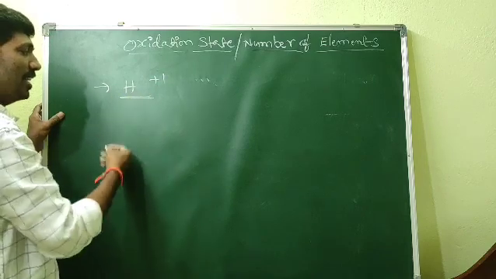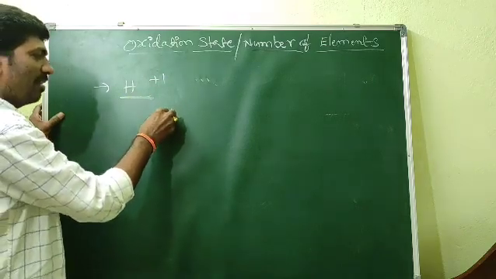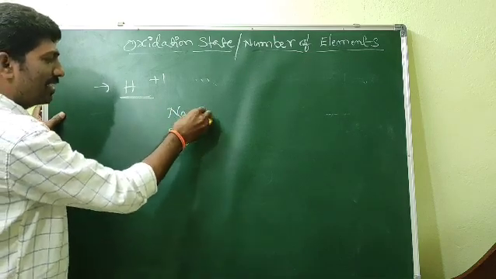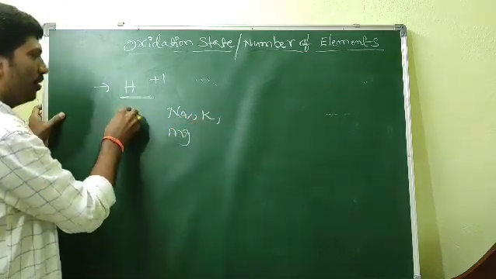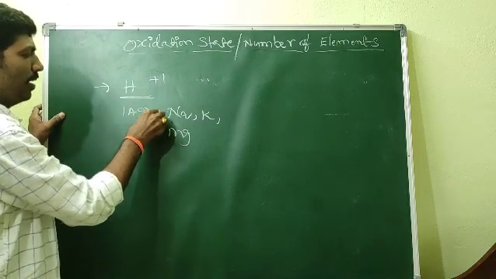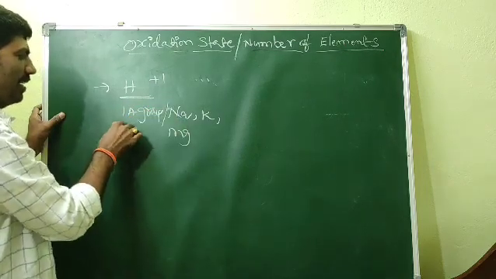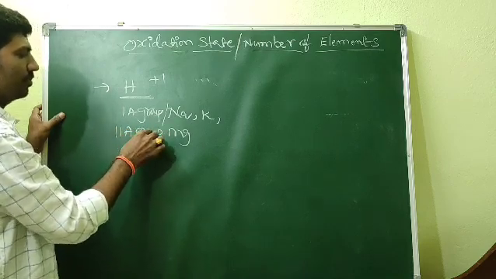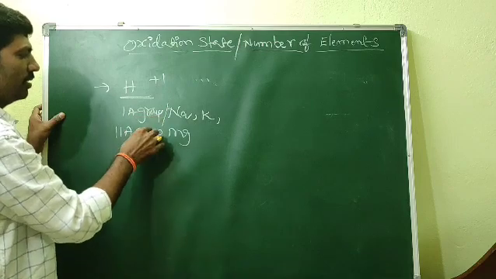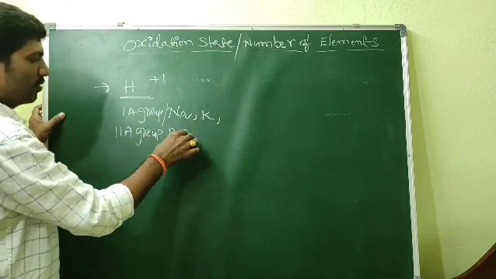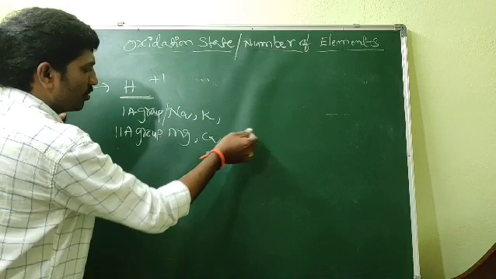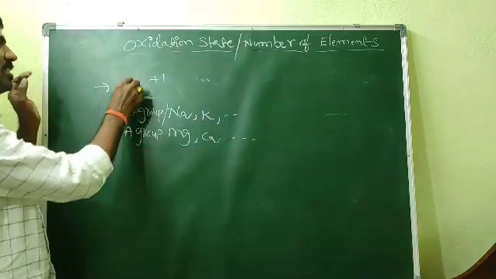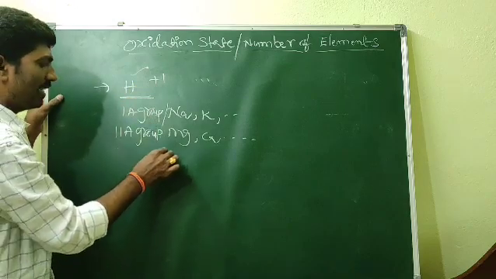But when the hydrogen atom is combined with alkali or alkaline earth metals, alkali metals means the first group metals, and second group means alkaline earth metals, when these elements are combined with hydrogen, the oxidation state of hydrogen will be minus 1.